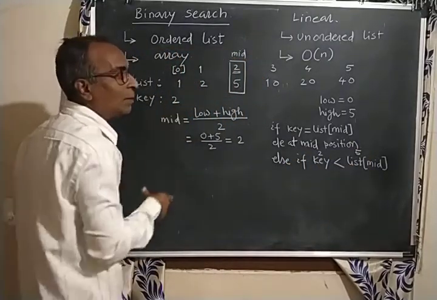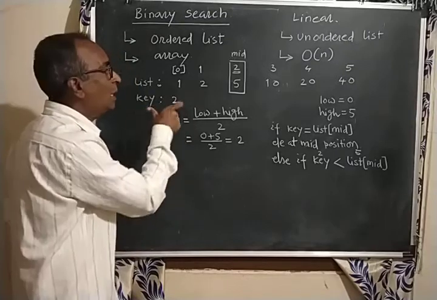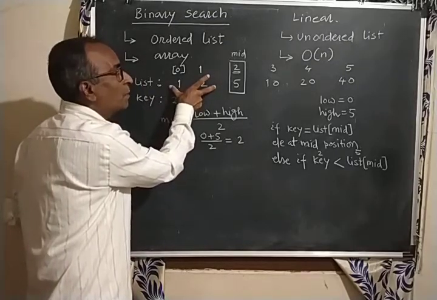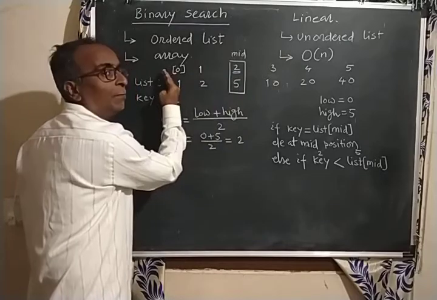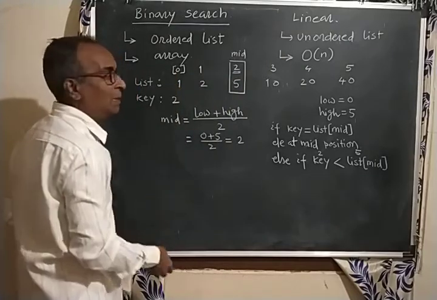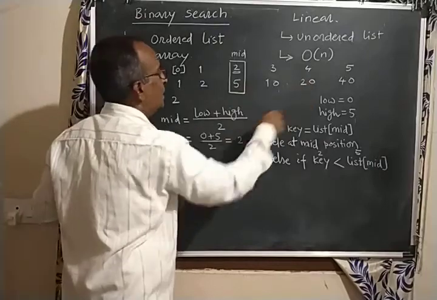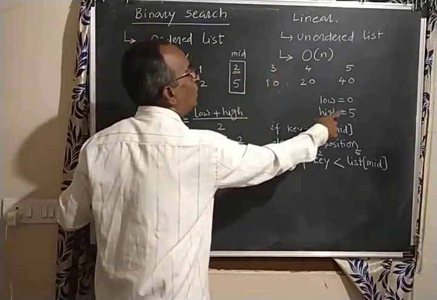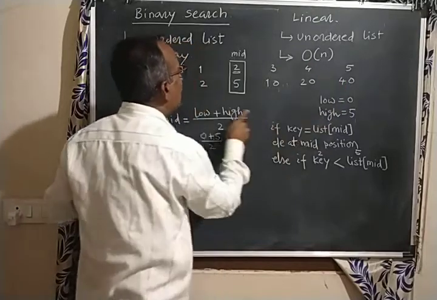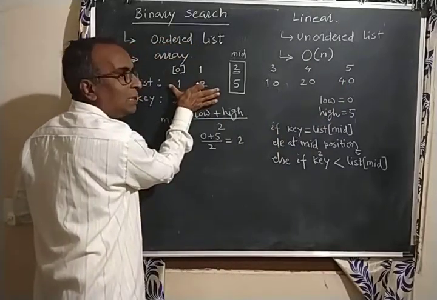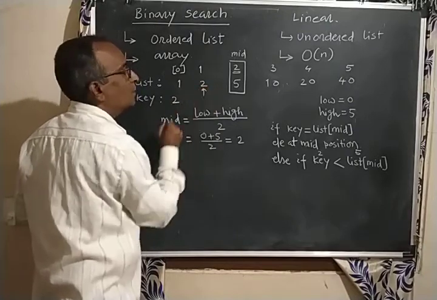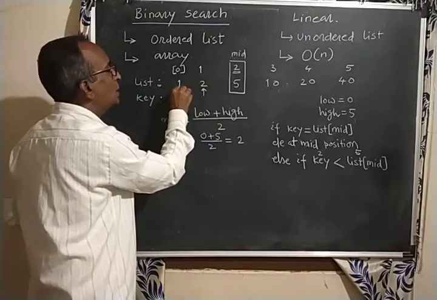Now where can my element be in the list? To the left of this mid. In this case, for the next iteration, I change my high value. High was 5, but I am reducing this sublist to half, so next high should point here. Low we are not changing in this case.